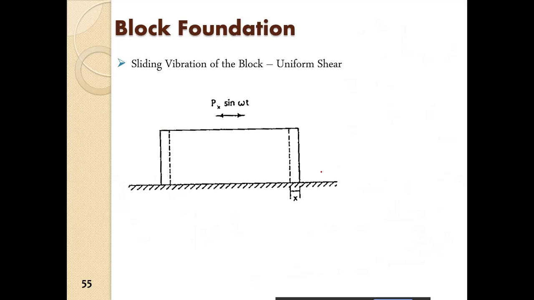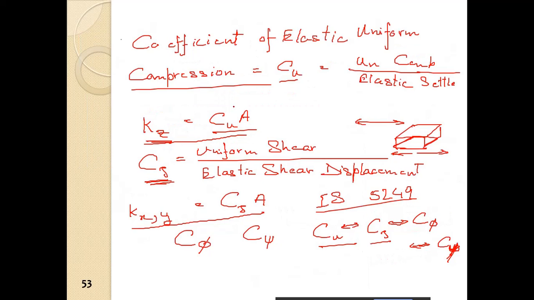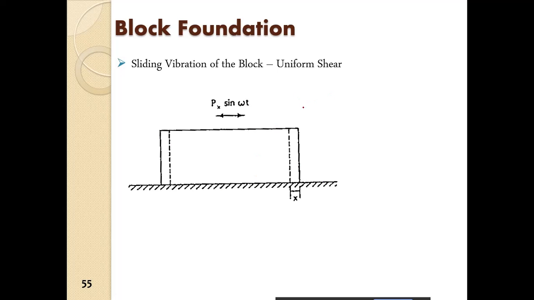Similarly, for the horizontal case, here Kz is equal to Cu A, just as we have defined. In this case, suppose in the X direction we have the X amplitude.